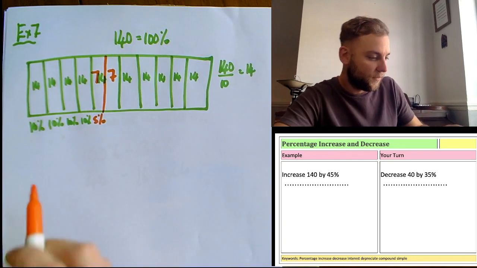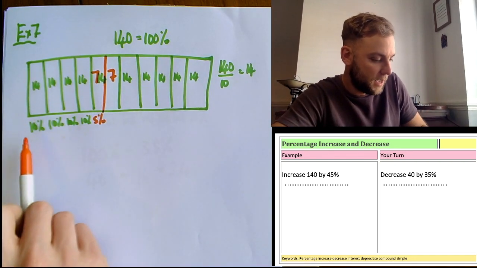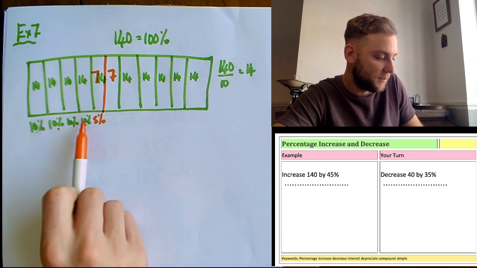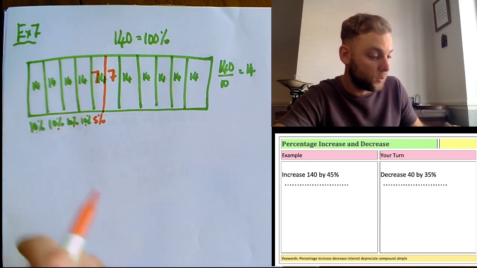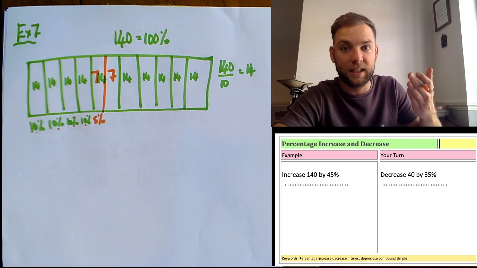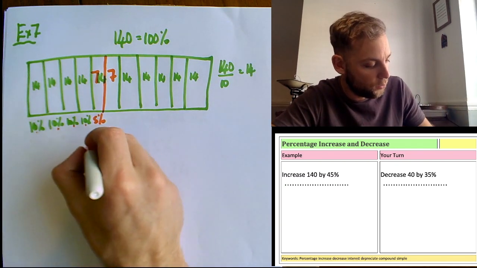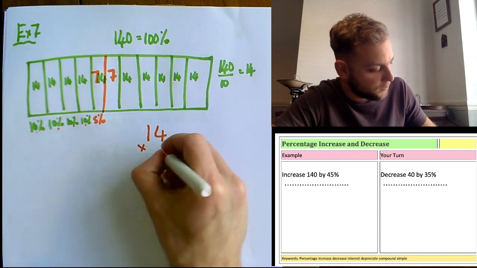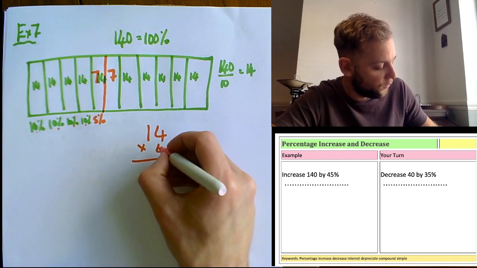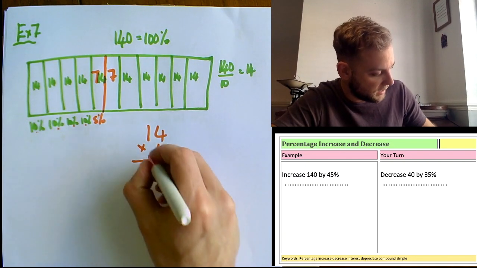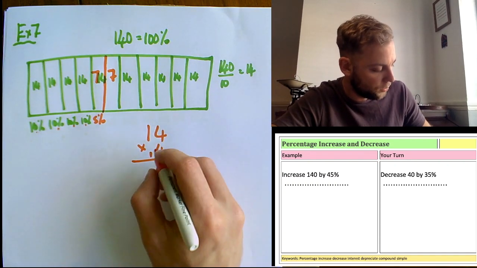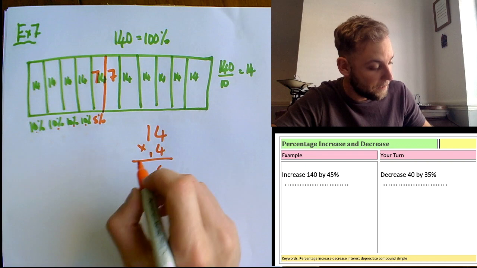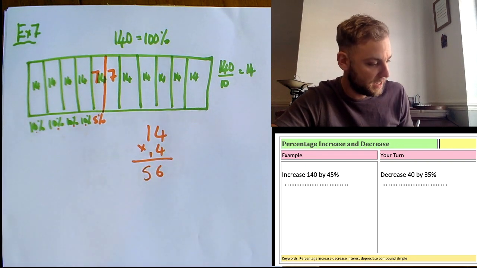So to find out 45%, it's going to be 10%, 10%, 10%, 10%, and 5%, which is 4 lots of 14. You can either add 14 four times, or you could do 14 times 4. 4 times 4 is 16, carry the 1. 4 times 1 is 4, and the 1 is 5, so 56.